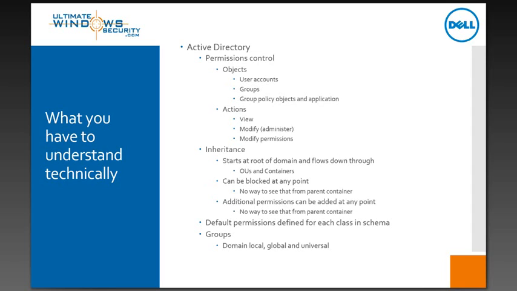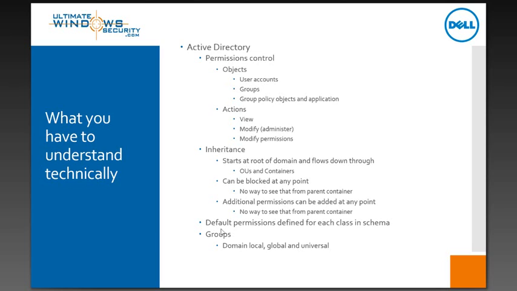So we're not blocking permission inheritance, we're just adding additional allow or deny permissions that go into the cumulative analysis of entitlements on that object. And again, you don't see that from the parent container. And I wish that Active Directory Users and Computers gave you visual cues about that kind of stuff right out in the tree part of the interface, but they don't.